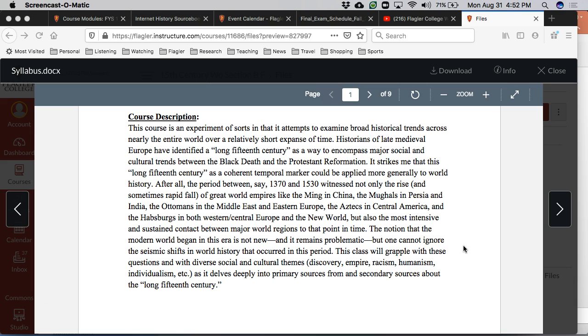But the 15th century sees for the first time a systematic kind of working out of a racial hierarchy. And one of the key culprits here is the Portuguese, inspired by Prince Henry the Navigator.